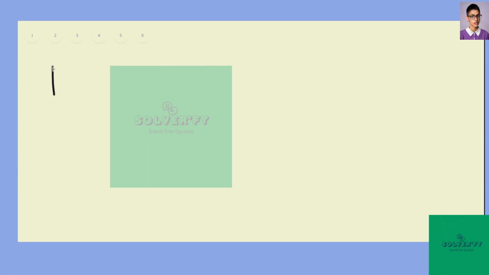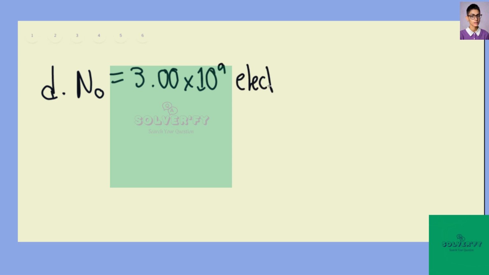For part D, now we want the number. We know the number of electrons in the incident beam, so this would be 3.00 times 10 to the 9th electrons. So we can find the number reflected. The number of the reflected electrons would be equal to the original number of electrons in the incident beam multiplied by the reflection coefficient.